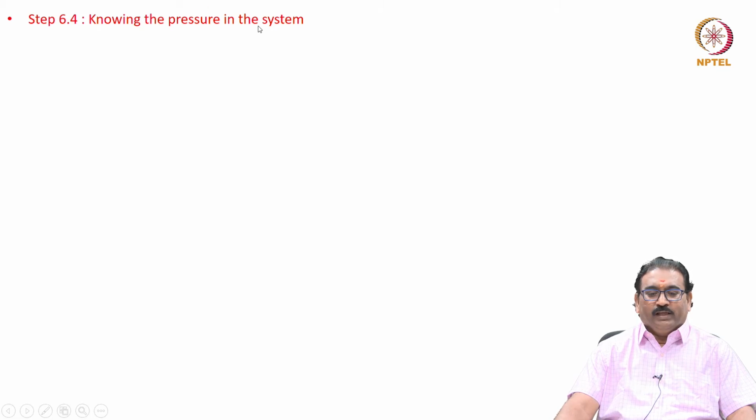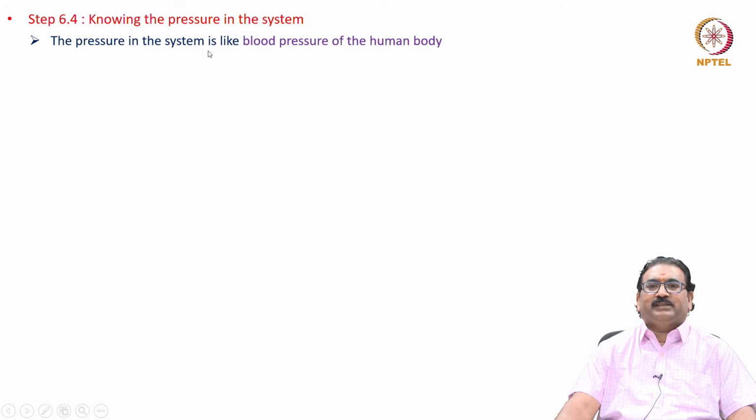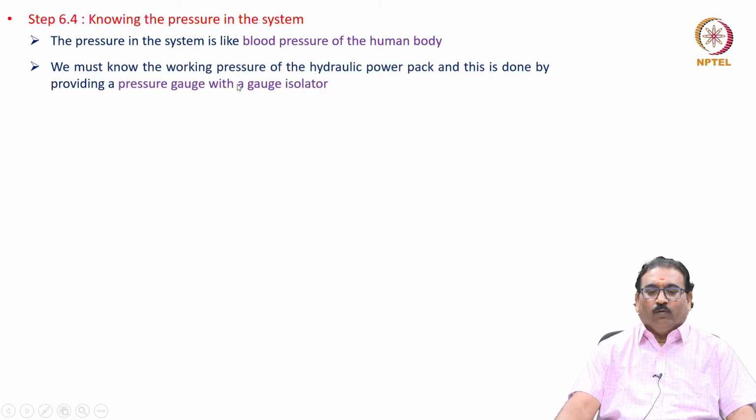Step 4 is knowing the pressure in the system. The pressure in the system is like the blood pressure of the human body. We must know the working pressure of the hydraulic power pack, and this is done by providing the pressure gauge with a gauge isolator.